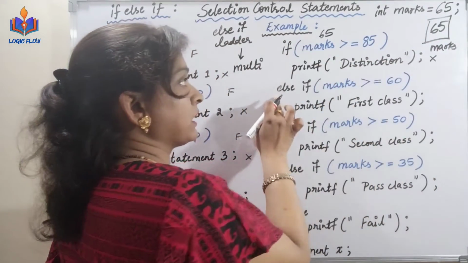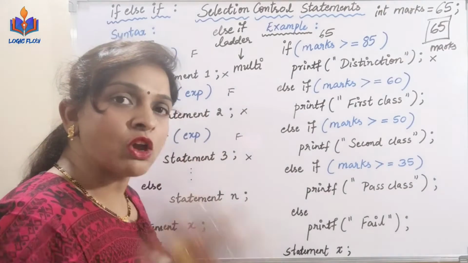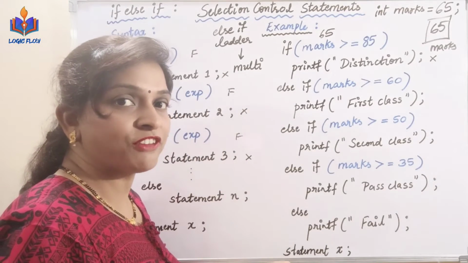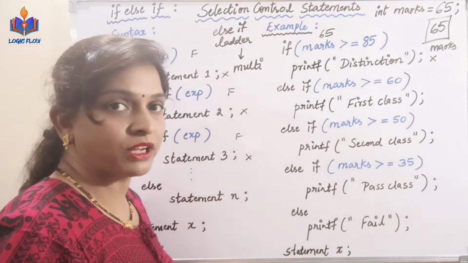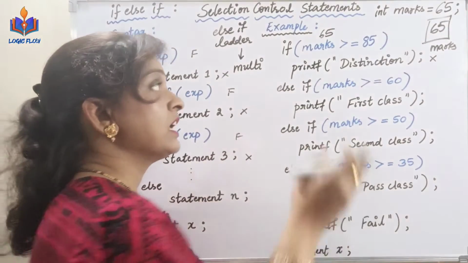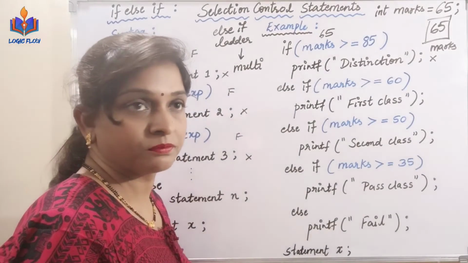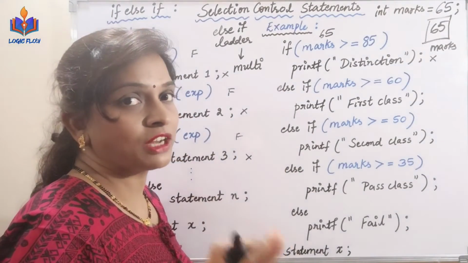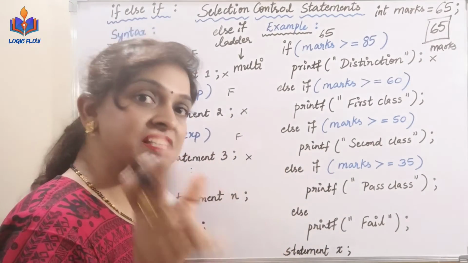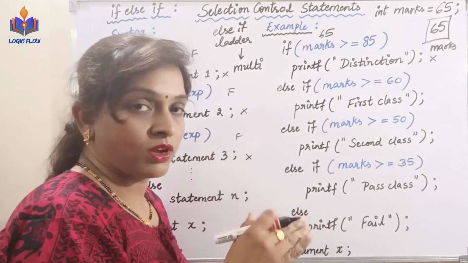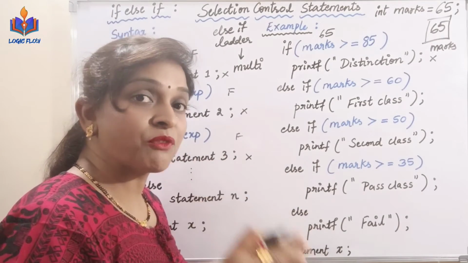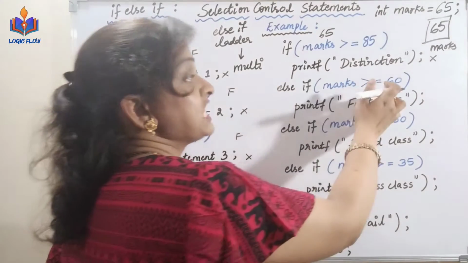I'll come to the else part. If it is not greater than or equal to 85, it is obviously less than 85. Then check whether it is greater than or equal to 60.